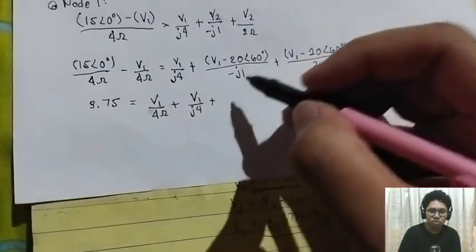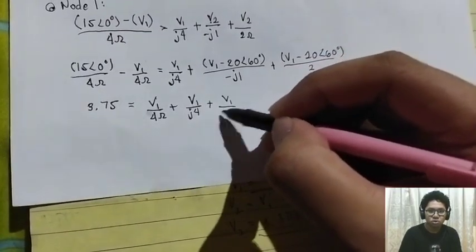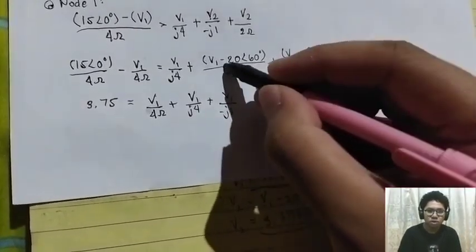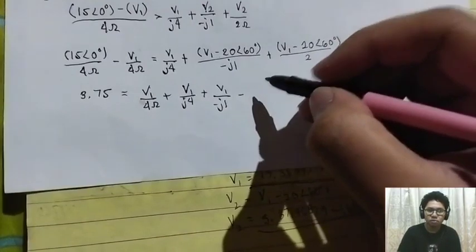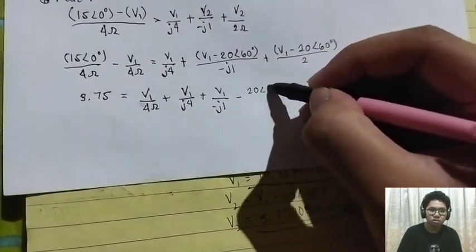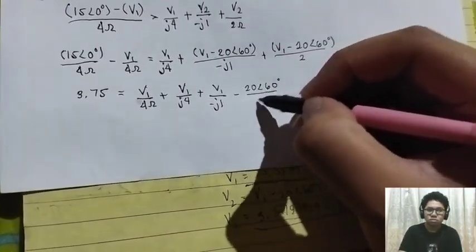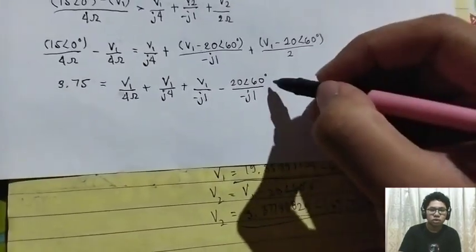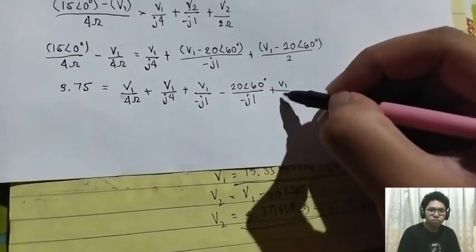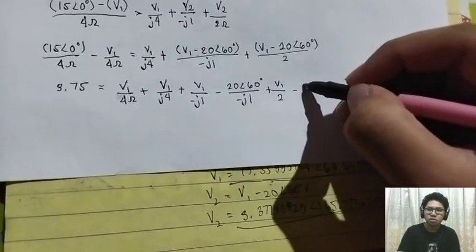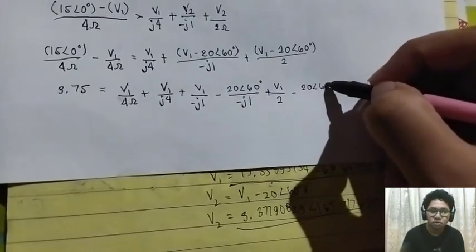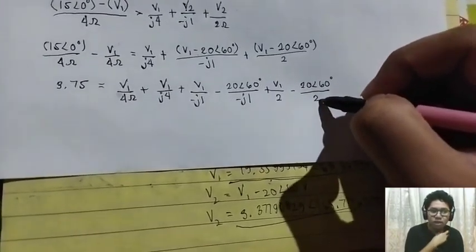Then we can also separate these two so that V1 is separated from the constant, because we can get the value by dividing the numerator from the denominator.